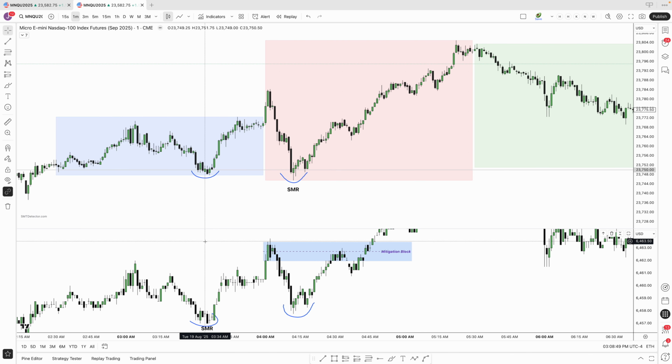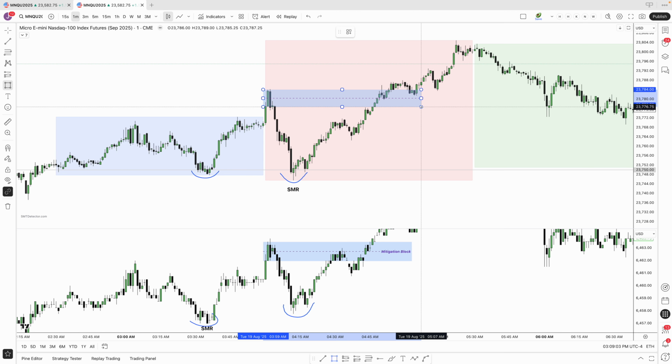Okay, so SMR's there. Mitigation, run higher. NQ here. Breaker would be all the way up here. Mitigation here.